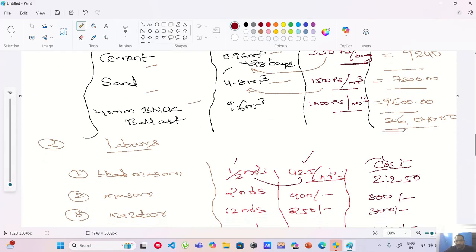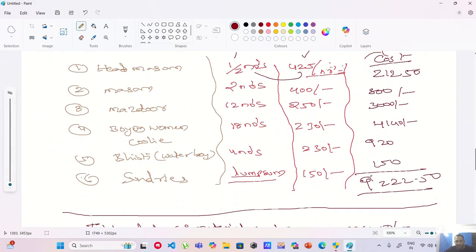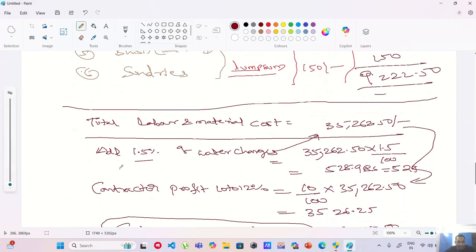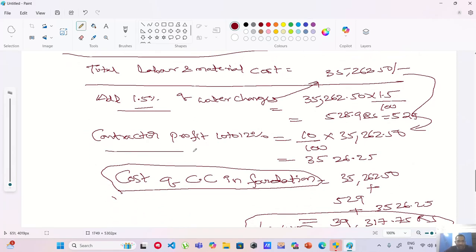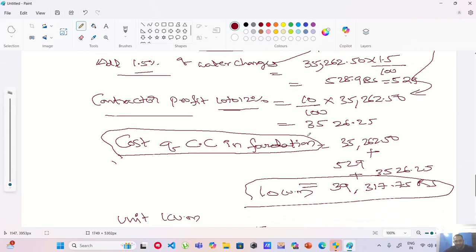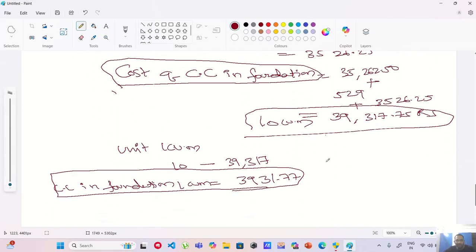Finally, material cost this much, and labor cost this much, and we have to add 1.5% water charges, and add the contractor profit for every work. This is very important, 10 to 12%. In some textbooks it is given as 12%, but I am considering 10% for easy calculation only. And this is the calculation of rate analysis for a particular work.